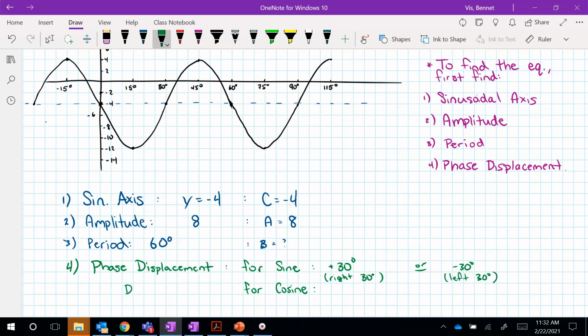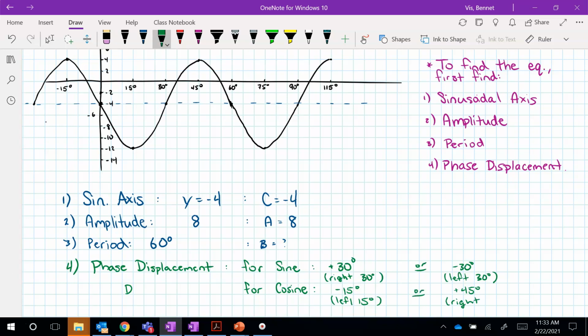Cosines are a little easier. They always start at the top. So where are my top points? I have one that's negative, but it's a little closer to 0, and then I have one that's positive that's a little bit further away. We could identify either one of these. I could say let's move this thing 15 degrees to the left. Normally it would start here, but if we shift it left 15, that would make this graph start at negative 15, or I could go positive 45.